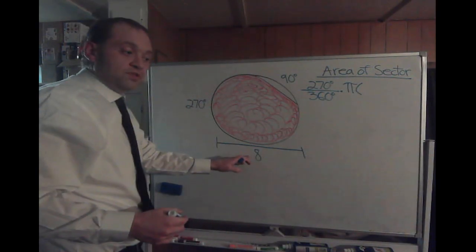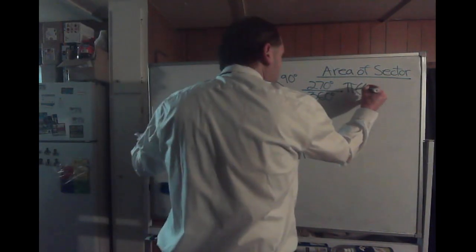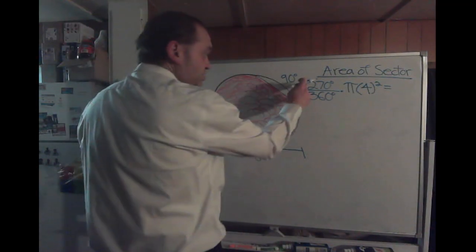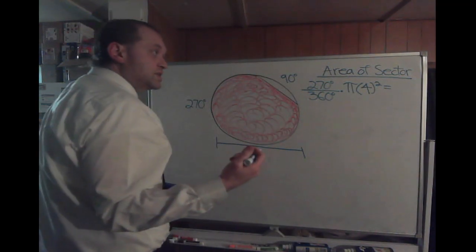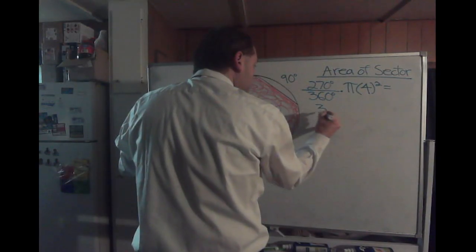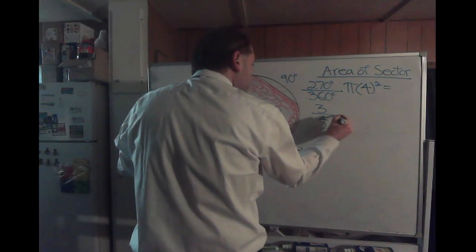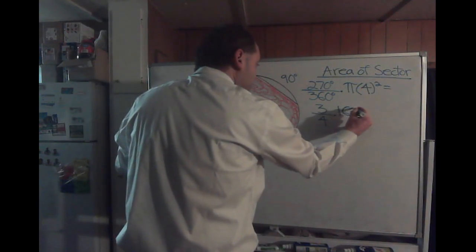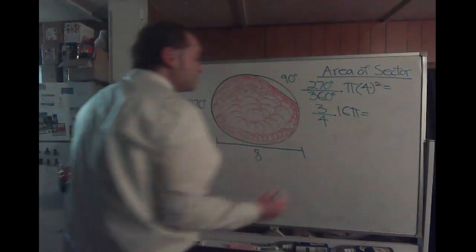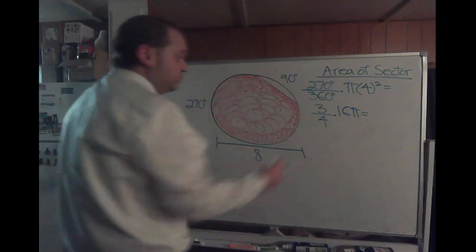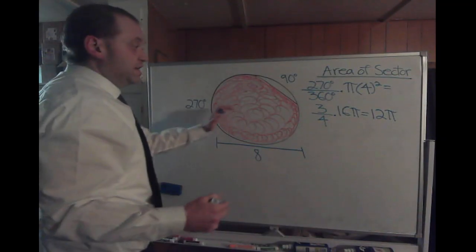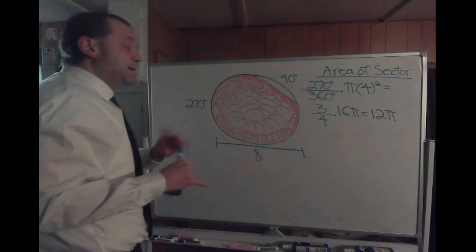Well, if your diameter is 8, that means your radius is 4. Which is going to then give you, what's 270 out of 360? Well, that'd be 3/4. You'd have 3/4 times 4 squared is 16, so this would be 3/4 times 16 pi, which when you simplify this, you would get 3 times 4 pi, it would be 12 pi. So the area of the 270 degree sector is 12 pi.